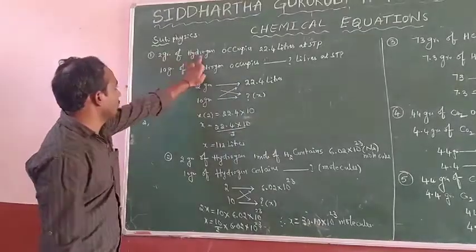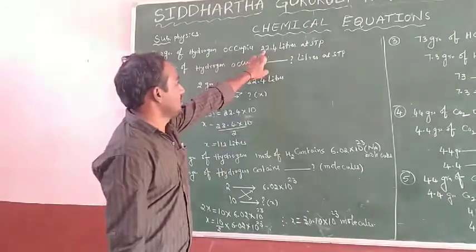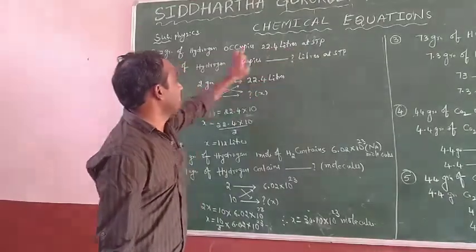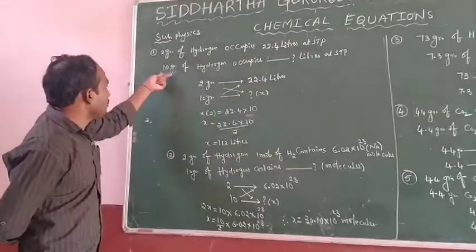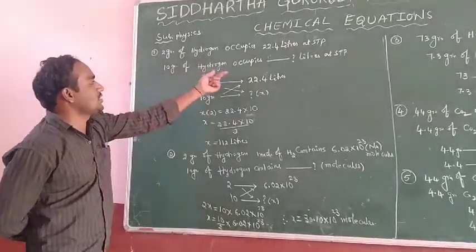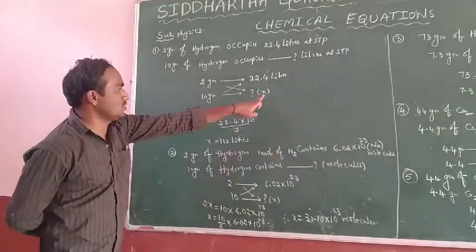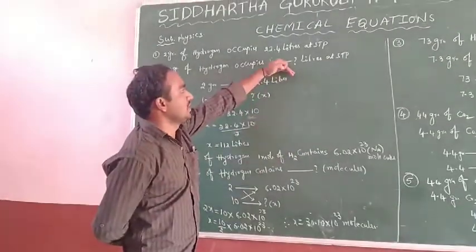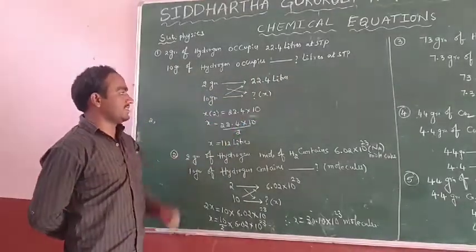First, 2 grams of hydrogen and 22.4 liters occupied at STP are given in the question. We have to find how many liters 10 grams of hydrogen occupy at STP. There is no specific value for liters, so we are assuming it to be x.